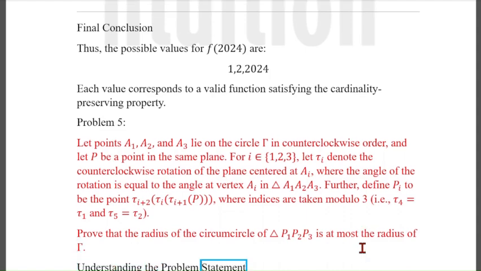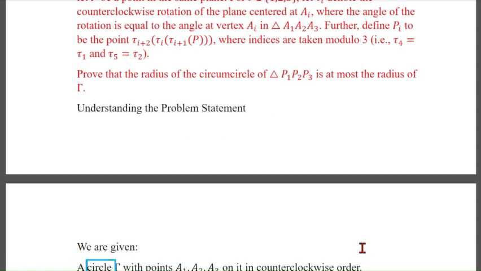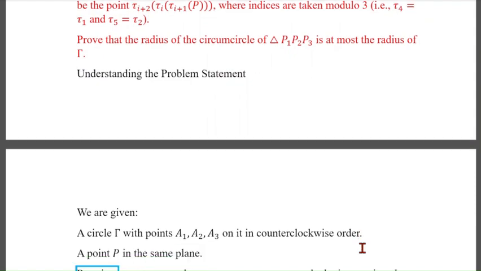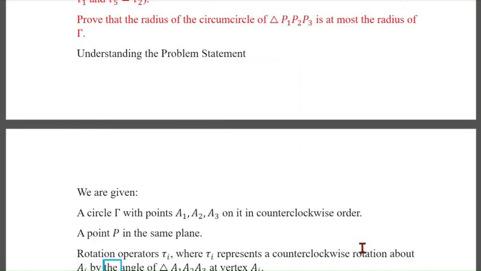Understanding the problem statement, we are given a circle Γ with points A_1, A_2, A_3 on it in counterclockwise order, and a point P in the same plane. Rotation operators τ_i, where τ_i represents a counterclockwise rotation about A_i by the angle of A_1, A_2, A_3 at vertex A_i.